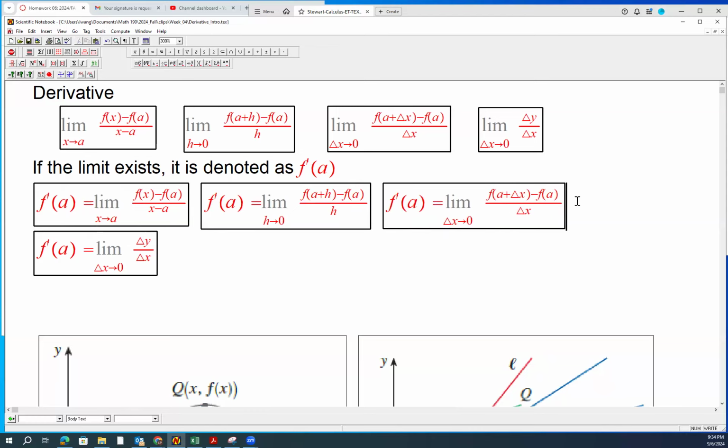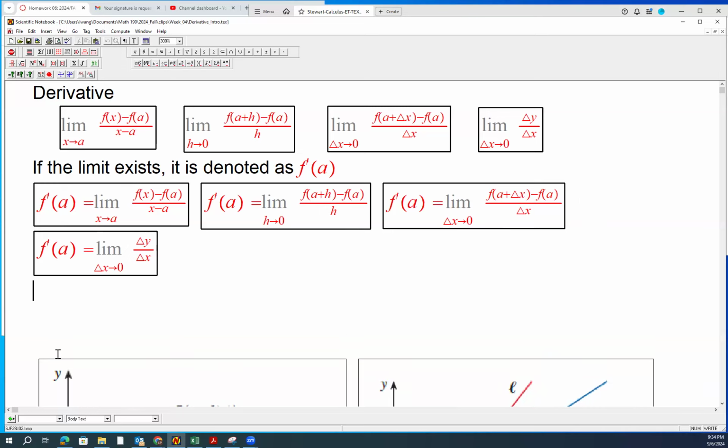You can use any one of these forms to find the slope, right? So that's also the slope of the tangent line. In order to find the tangent line equation, we just use the point slope formula: y minus y sub 1 equals m times x minus x sub 1.